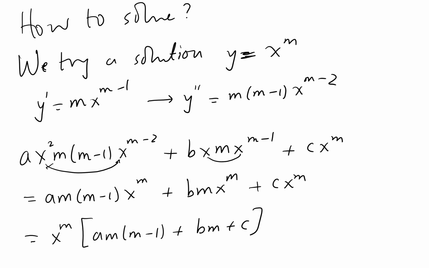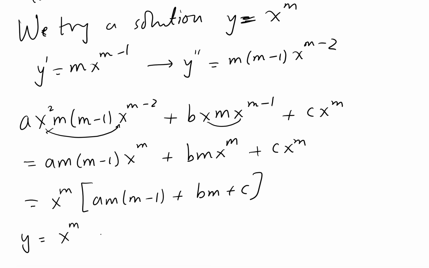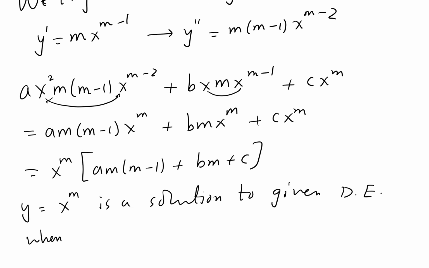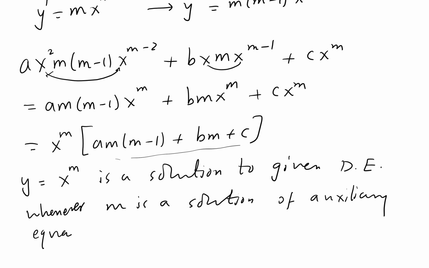Okay, so up to this point is good. So we say that y equals x to the m is a solution to the given differential equation whenever m is a solution of this auxiliary equation, or characteristic equation.